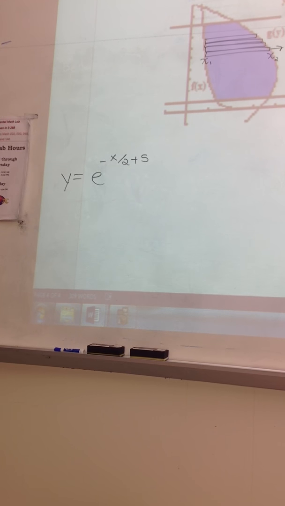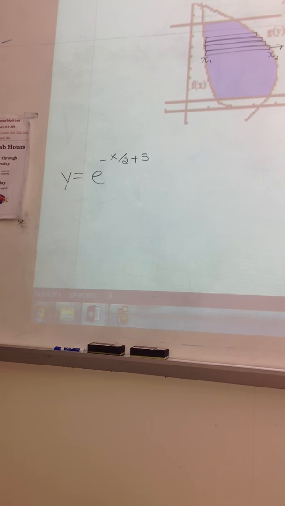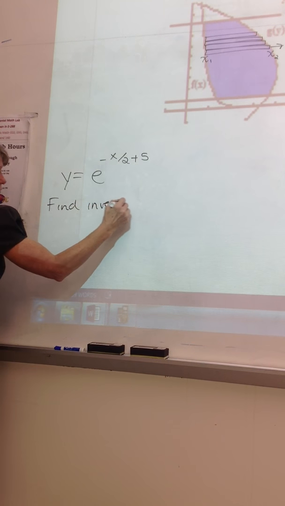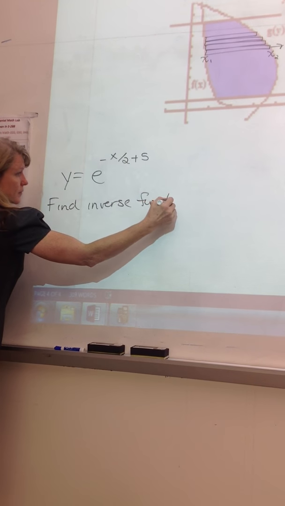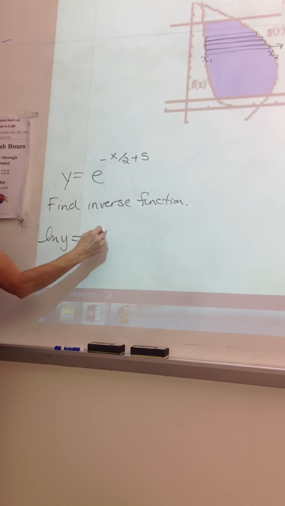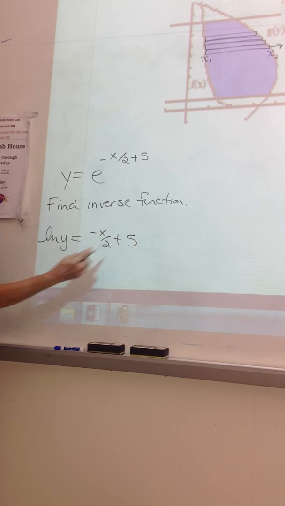So I'm doing the college algebra topic right now of finding the inverse function. Alright, so to cancel e, you use natural log. So natural log of y is going to equal what was in the exponent of the e.